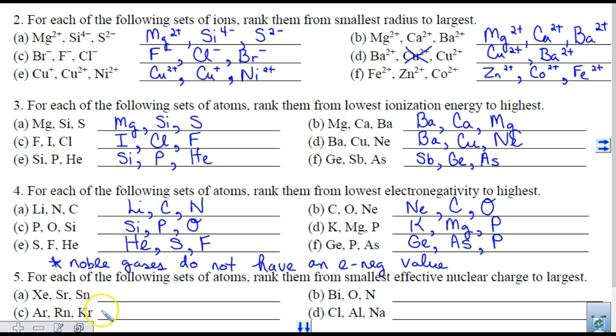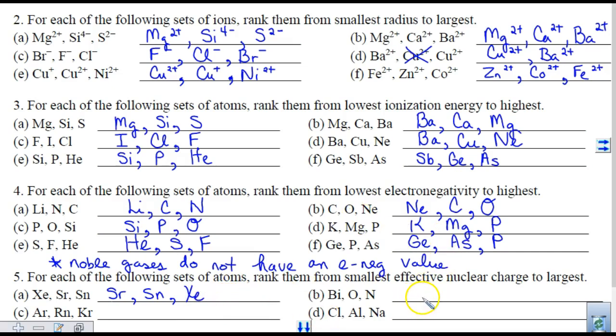So pause the video and put them in order. Okay, the element that is farthest to the left is going to have the lowest effective nuclear charge, so that's going to be strontium, and then tin, and then our highest effective nuclear charge on that row is xenon.